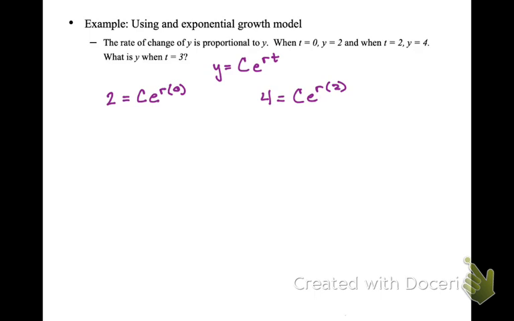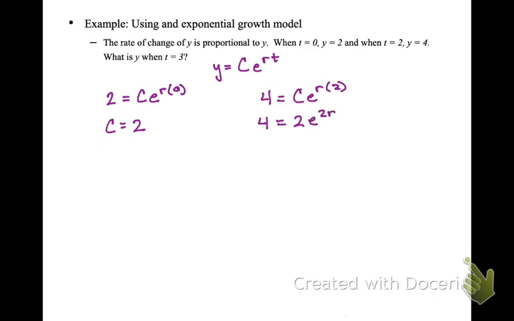Well, this first equation, r times 0 is 0, e to the 0 is 1, so c equals what? 2. That helps me out, right? So now I have 4 equals 2 e to the 2r.